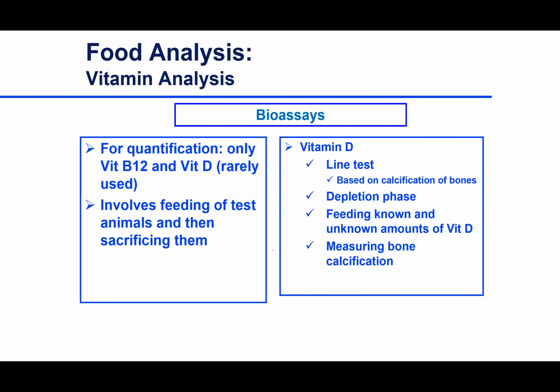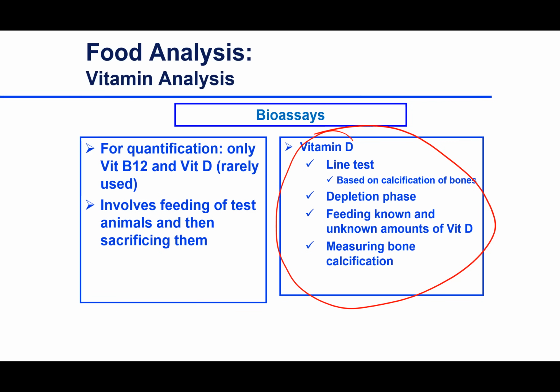I'm not going to spend a lot of time on this because, as I said, this is more for historical interest, but examples of bioassays. And I'm just going to talk about this because it's in your textbook, and Pam put it in the slide here. So the vitamin D line test. In a few words, what they did was they would make rats vitamin D deficient by leaving it out of the diet. So they all got rickets.